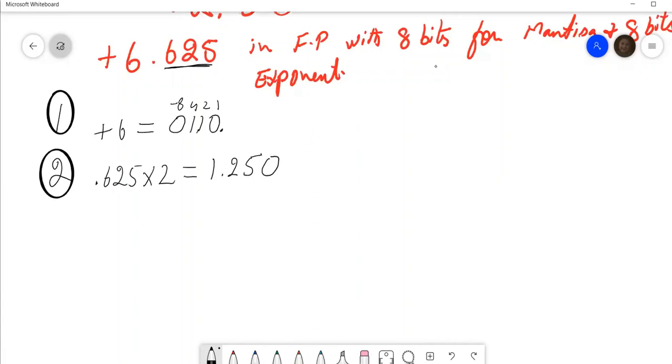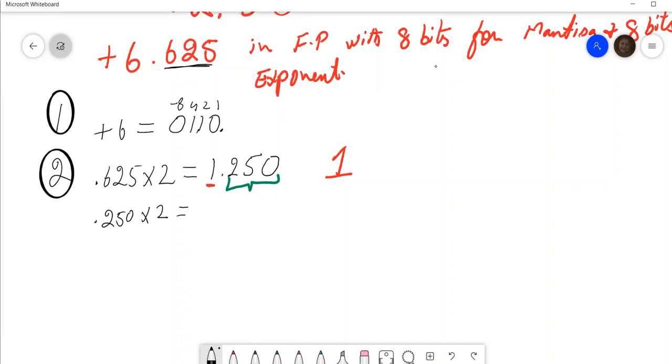Because here we have a 1, I write 1 over here. And then I'll take this 0.25 back over here, and I'll again multiply this with 2. I'll carry on this until I find 1.00.